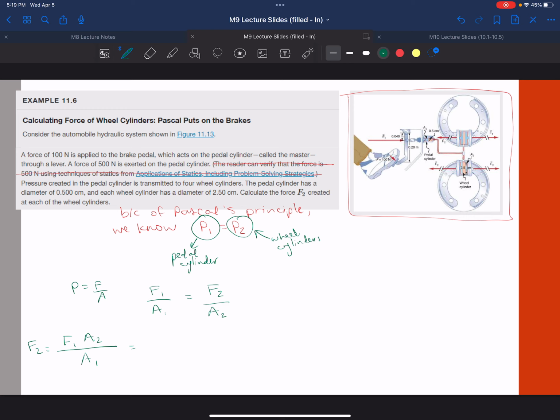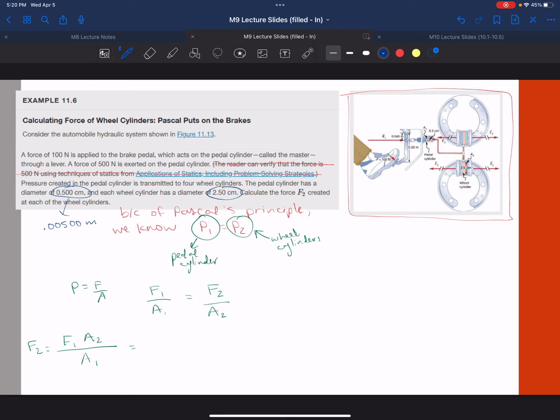Now we need to go ahead and find our areas for each part. So remember, A2 is the area of the wheel cylinder, and A1 is going to be the area of the pedal cylinder. So let's check out the information we have for this. I'm going to do this in blue. The diameter of the pedal cylinder is 0.5 centimeters, which would be 0.00500 meters.